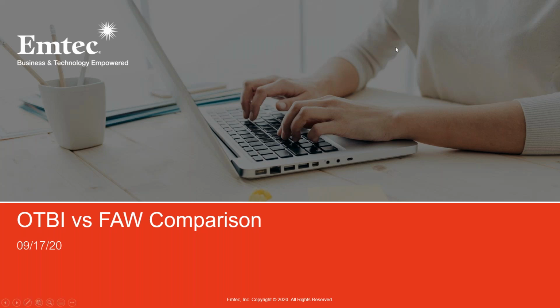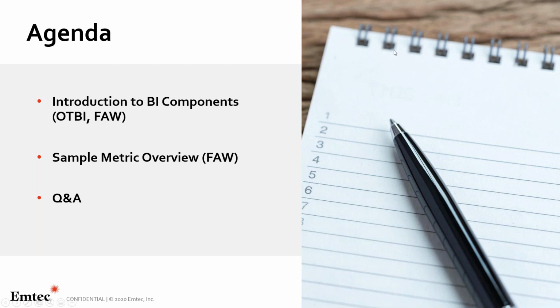But before we get started on that, just quickly cover a little bit of the agenda for this morning. I'd like to introduce you to some of the basic BI and reporting components, just covering what is available within OTBI, the embedded solution for reporting in Fusion Cloud, and what is now available in Fusion Analytics.